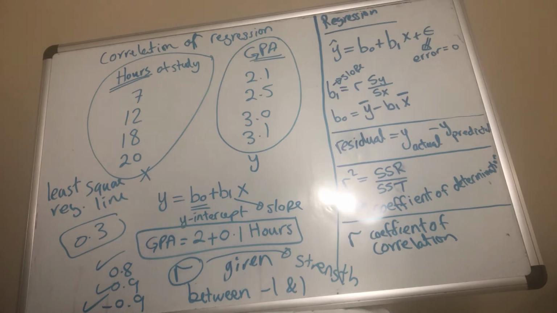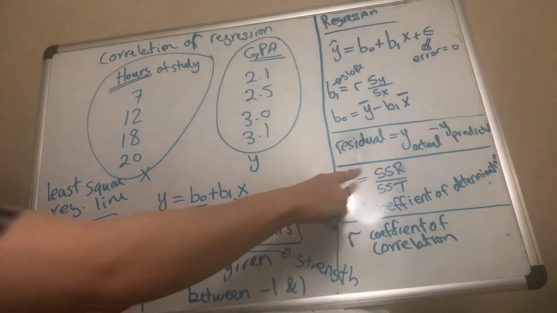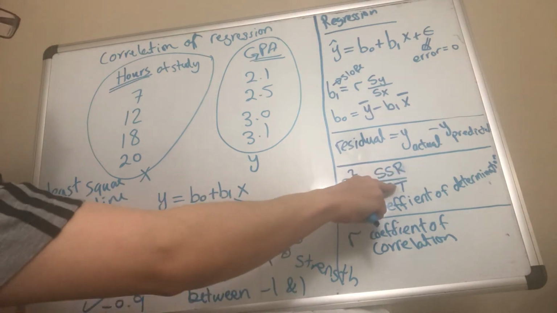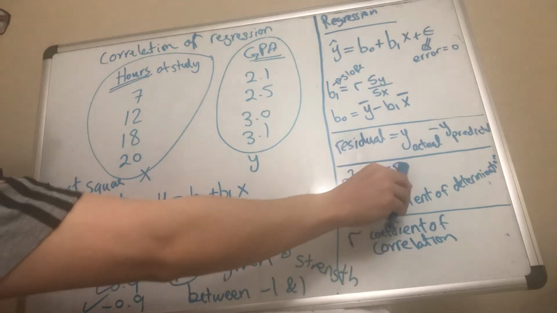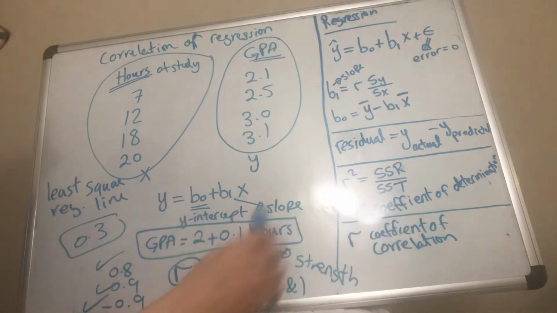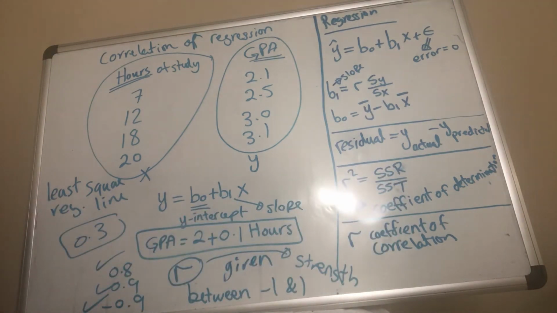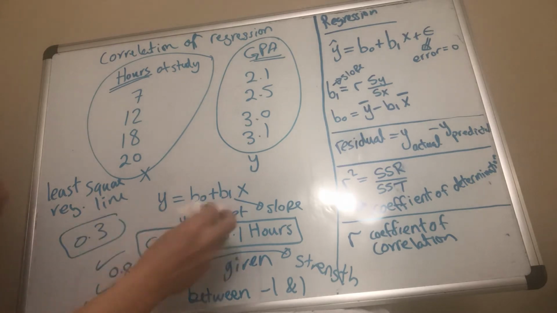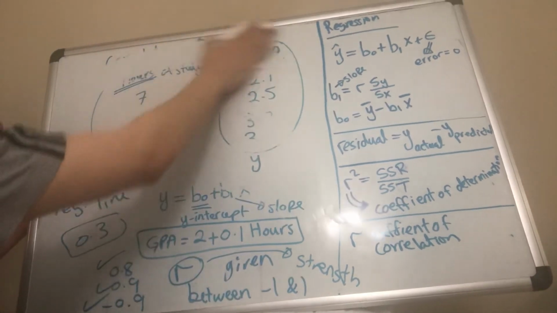Then they ask, if R squared is 1, and they give you possibilities. You see this formula here? R squared equals SSR over SST, sum squared residual over sum squared total.